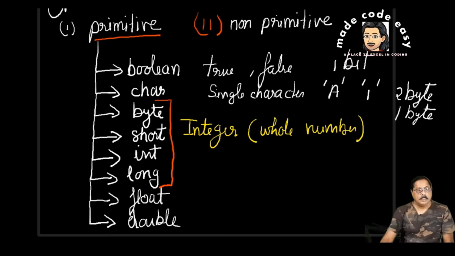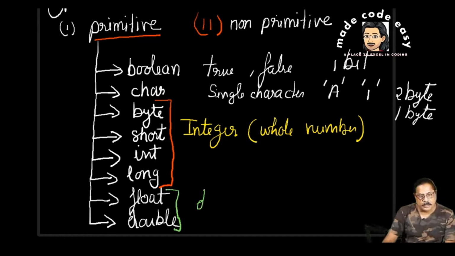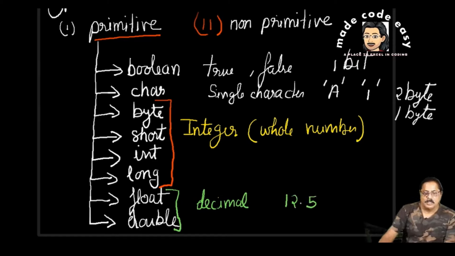Now, to represent fractional or decimal type of data, float and double are used. Example: 12.5, 1922.75.